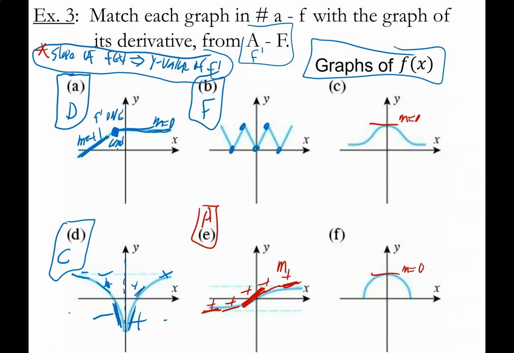It could, it just didn't happen to at this point. Here's the other thing. Look at this slope right here. It starts off really steep positive, whereas this one starts off almost 0, but actually it's a really small positive. So the one that matches up with C is going to start off with a very small y value, but above the x-axis. This one's going to be way above the x-axis.